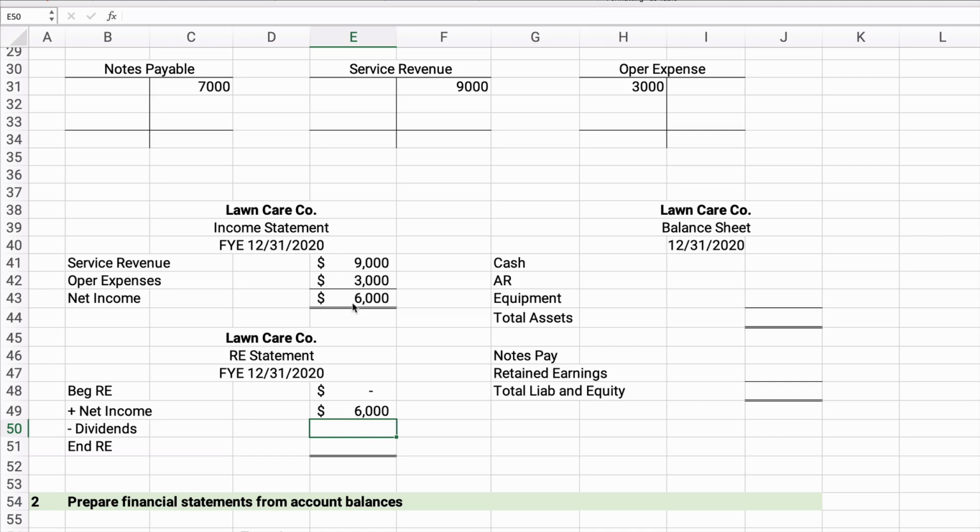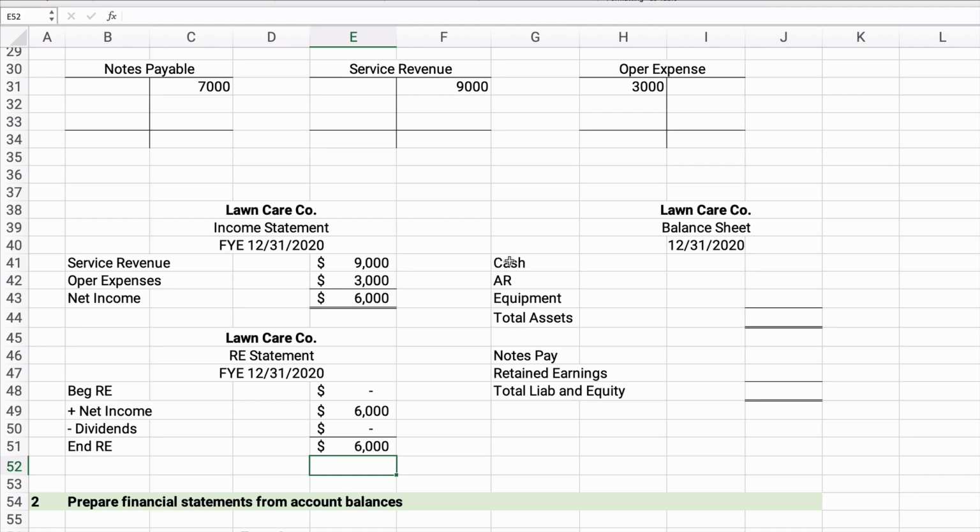This could be withdrawals. Did Roger take anything from the business? No, so that's going to be 0. So we can just say beginning retained earnings plus the 6,000 minus the dividends. So obviously it's going to be 6,000. Pretty easy, simple little problem.